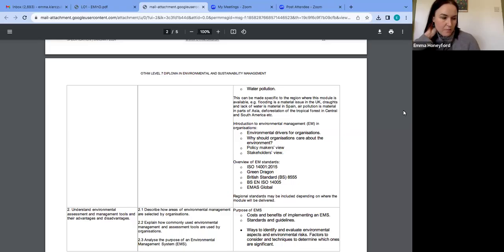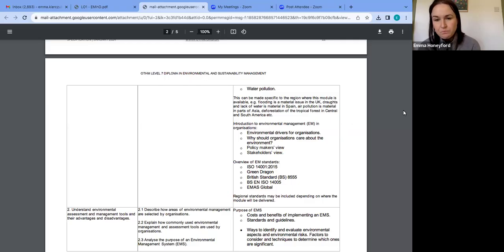Another driver is that investors will want to see that organisations have plans in place to reach net zero. So there's a lot of different drivers as to why environmental management systems are put in place in different organisations. So there are different standards as well.